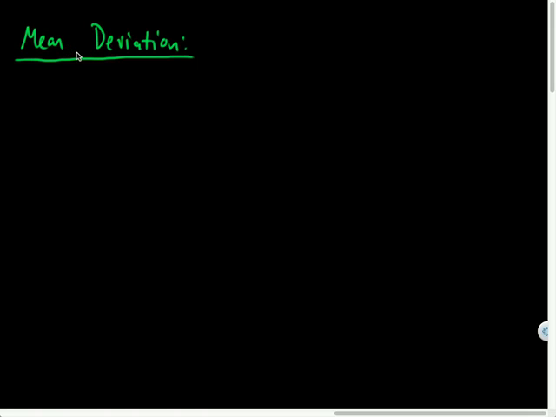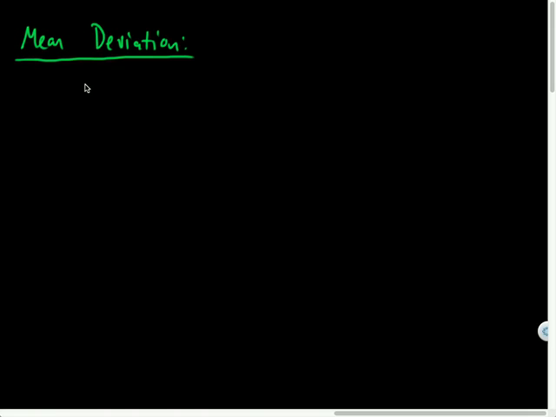So this mean deviation is going to be a number, all right? It's just a quantifiable number, and it's going to describe how spread out the data is in a very specific way. It is mean. What does mean mean? Well, that's the type of average. And deviation is talking about how dispersed or how much our data deviates from the mean.